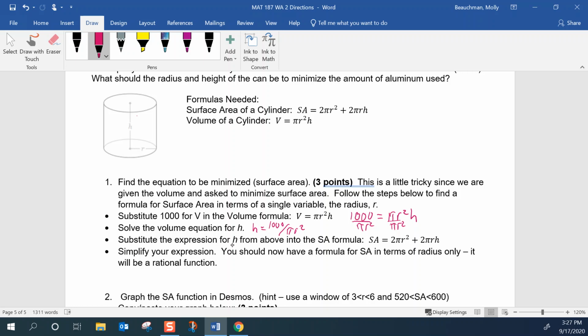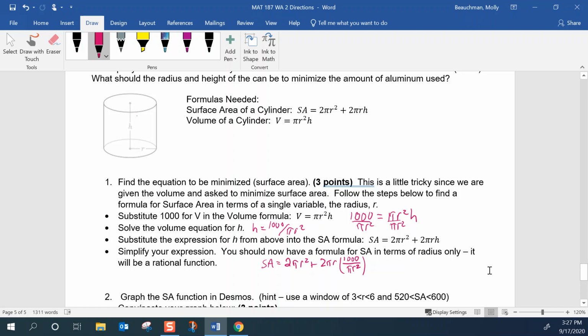Then substitute your expression for h above into the surface area formula. So we're going to end up with surface area equals 2 pi r squared plus 2 pi r times h, but use what your h is above, 1,000 divided by pi r squared. From there you can simplify your expression.